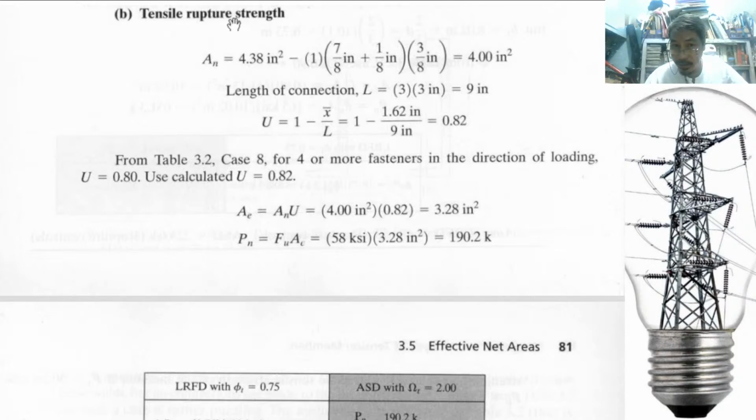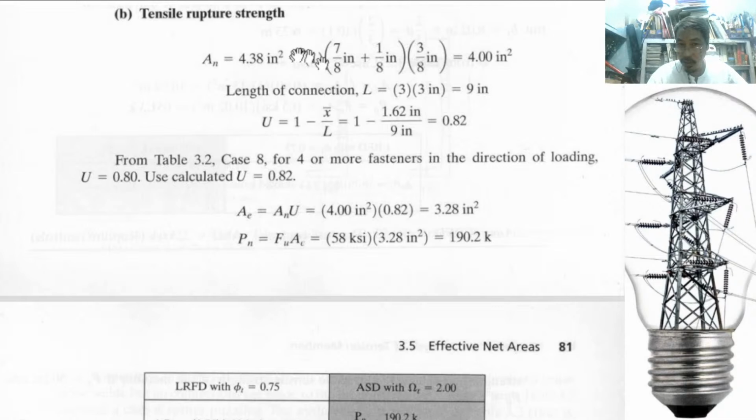calculating rupture strength. So since we are calculating rupture strength, we are going to take a look at the transverse axis. Okay, transverse. We are looking at the transverse axis, and since the alignment of the holes is longitudinal, there are 4 transverse weakest link axis, weakest link lines. Okay, one for each hole.